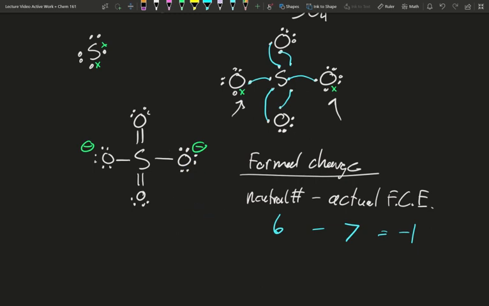If we do that for one of our bottom or top oxygens, well, 2, 4, but it only gets half from its bonds. Well, octet would have said 2 and 4 from the bonds, so 1 and 2. So there's 2 here, and 2 there for formal charge, which means this is 6 minus 6 for 0.